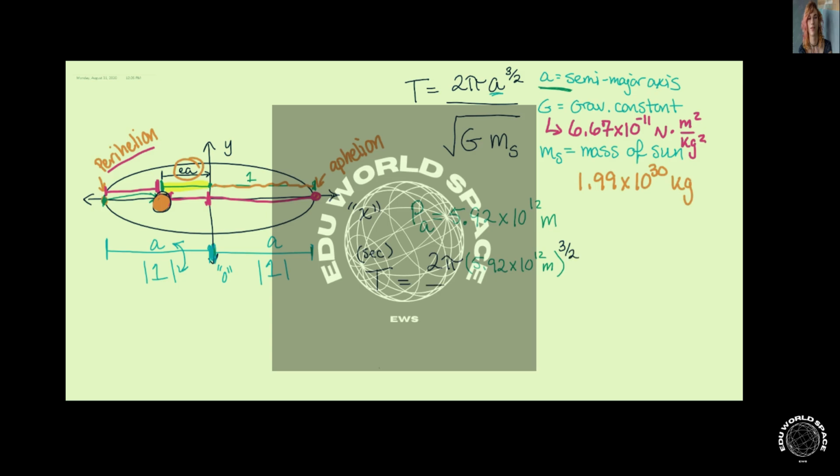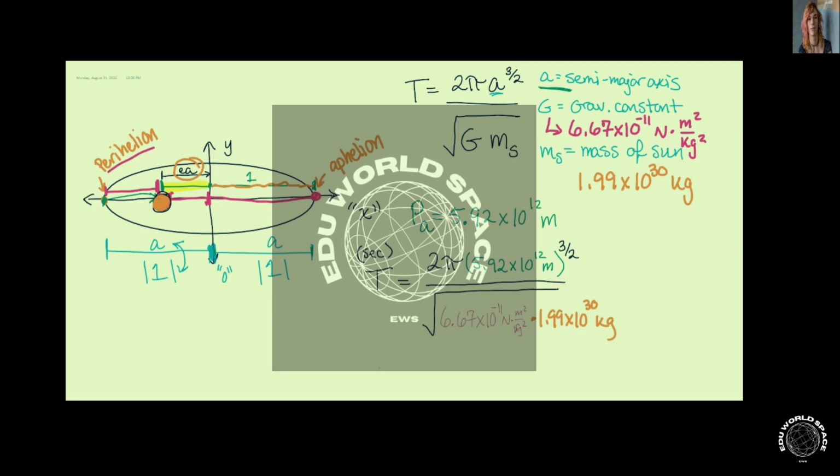Then we stick that over the square root of our gravitational constant, 6.67 times 10 to the -11th newtons per meter squared, kilograms squared, multiplied by the mass of the sun, 1.99 times 10 to the 30th kilograms.